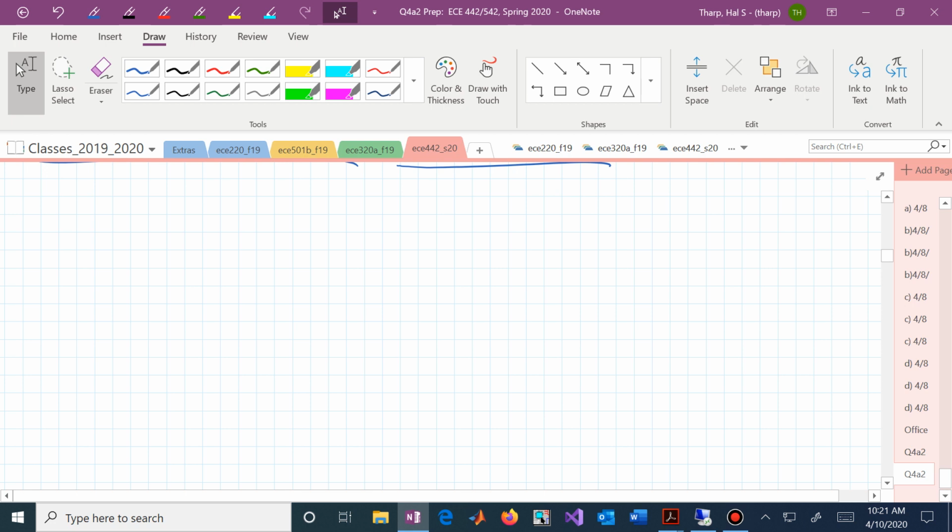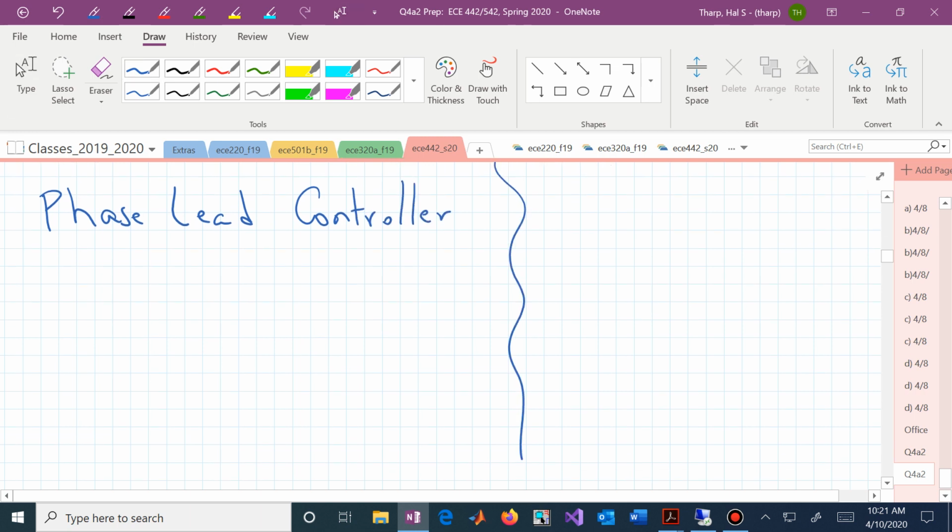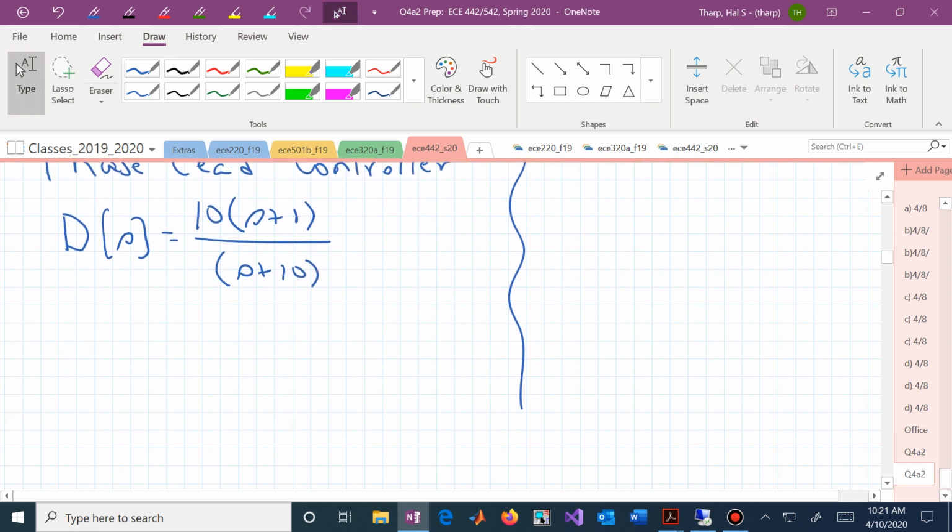Suppose now somebody said, oh, I have a phase lead controller in D of S, and I want you to convert that into a digital controller. Well, a phase lead controller, let's just pick one, and we'll maybe talk a little bit more about this later in the class, but let's now say that we have that for our phase lead controller.